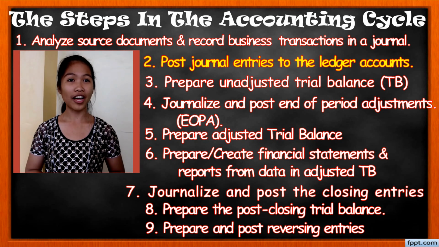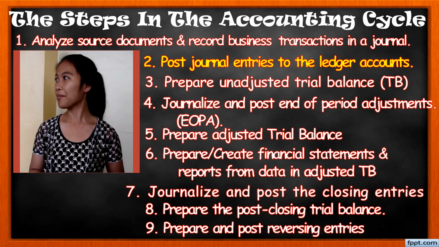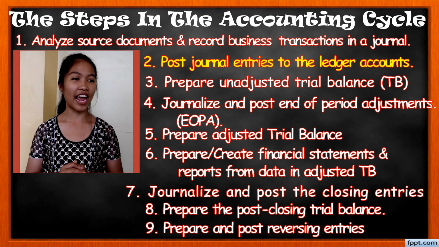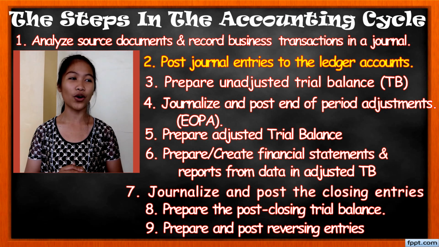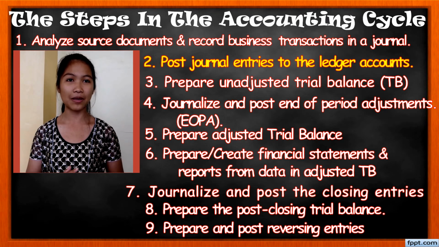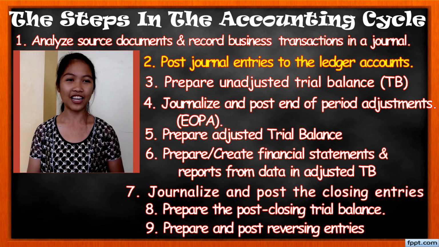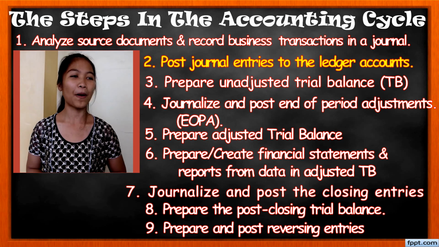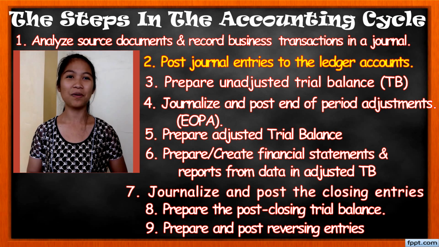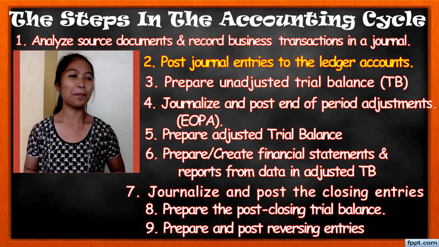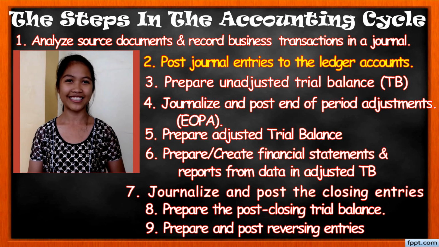Prepare adjusted trial balance or TB. Number 6. Prepare or create financial statements and reports from data in adjusted TB. Number 7. Journalize and post the closing entries. Number 8. Prepare the post-closing trial balance. Number 9. Prepare and post reversing entries.